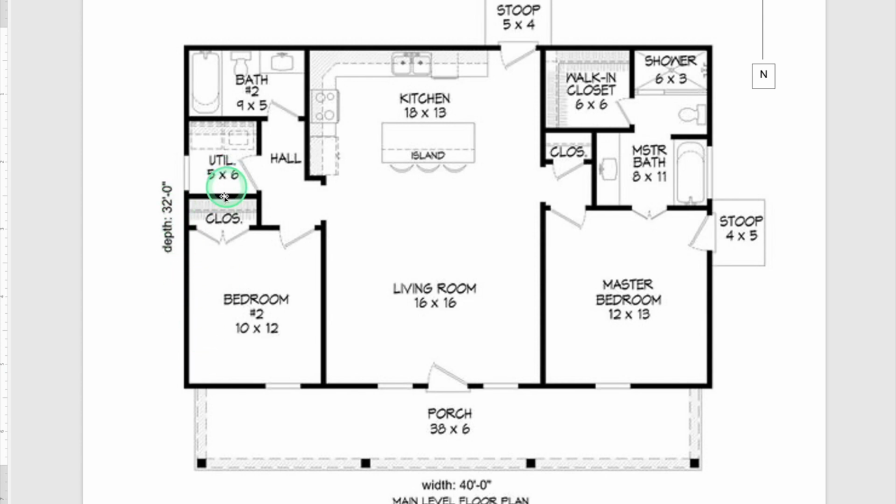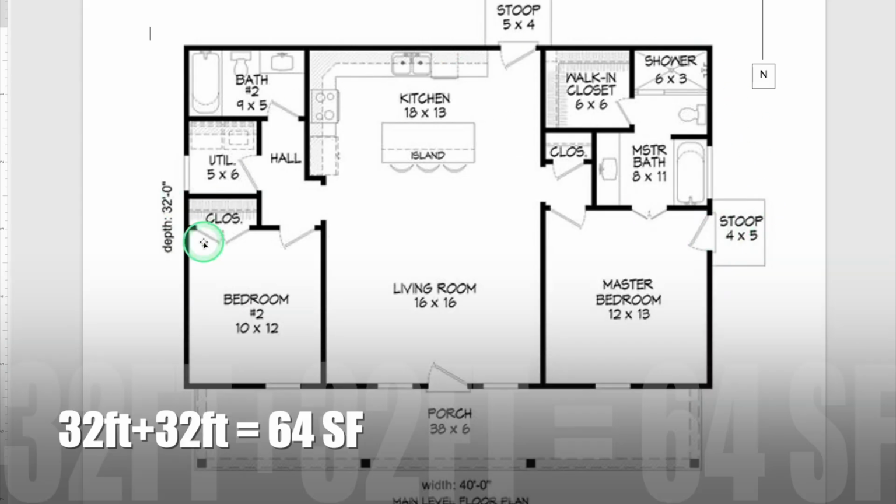So if we look at this, the home is 32 feet, so this is 32-0, 32 feet on this side. And it's typical, or in this set of plans, it's going to be 32 feet on this side as well. So we have 32 and 32. We're going to add all these up. So 32 plus 32 is 64.